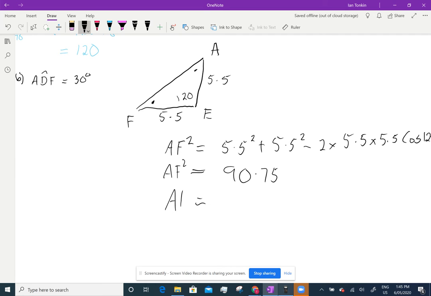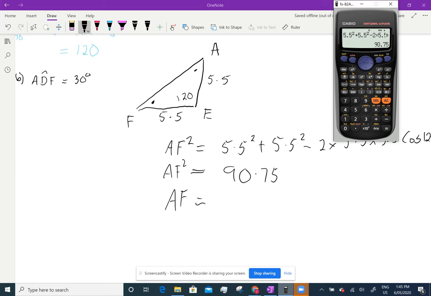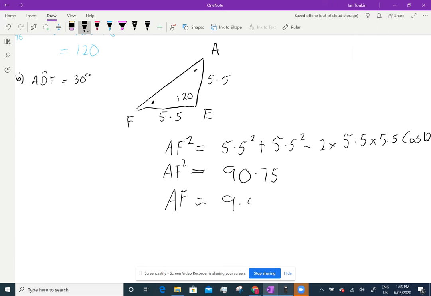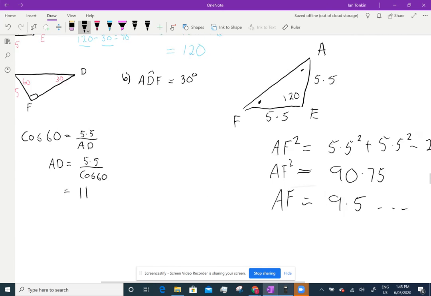So AF, square root your answer. Square root of 90.75. Some horribly long thing, 9.5 dot dot dot.